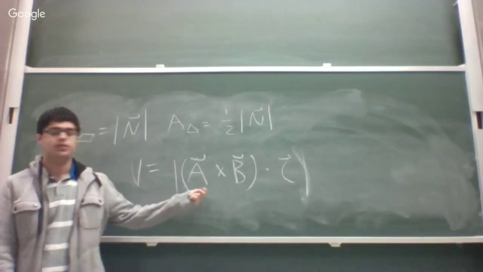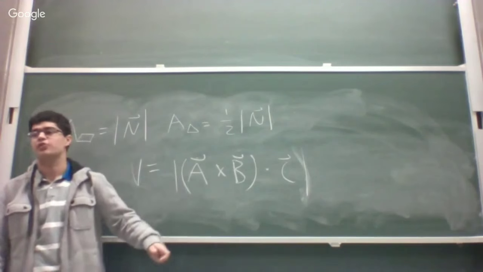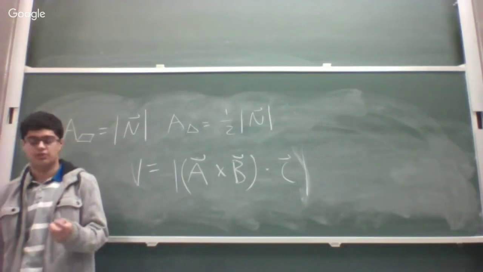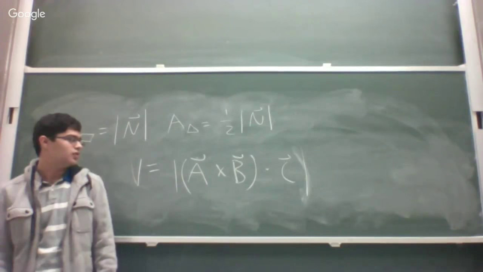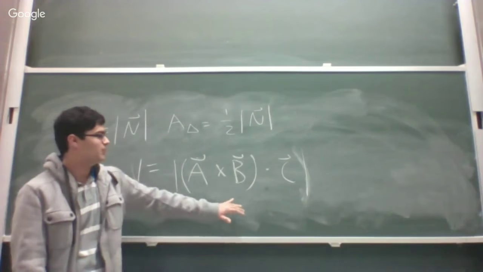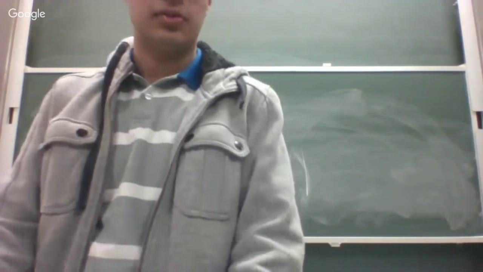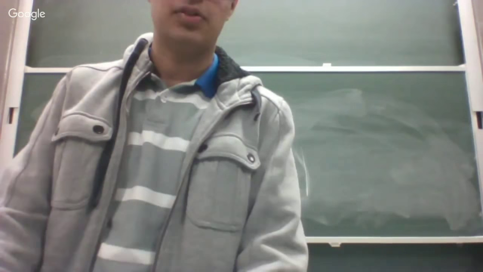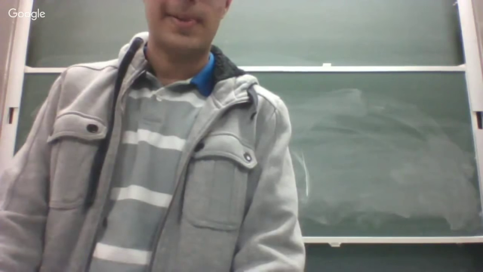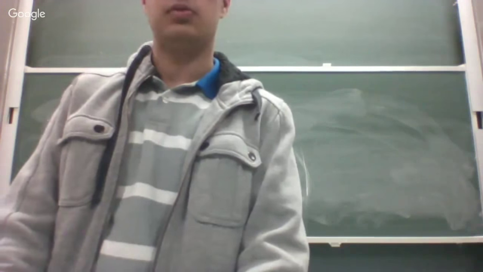When you do B cross with A, you get a negative answer. So that's wrong. But if you mix up the order, like B cross with C dotted A, it would depend on that.